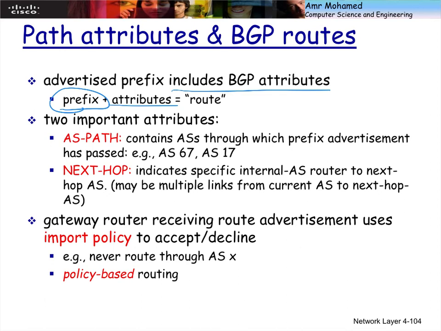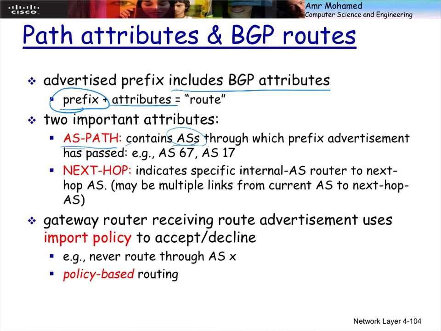These attributes contain the AS path. This is very important. The AS path may in fact contain all the autonomous systems that this route advertisement went through.